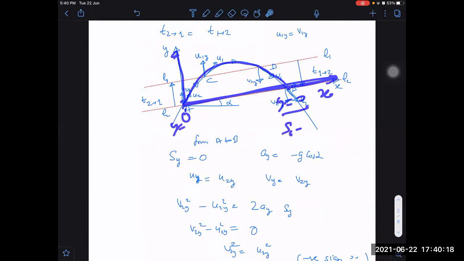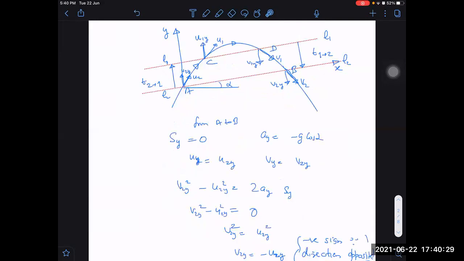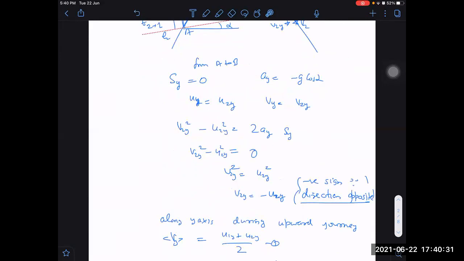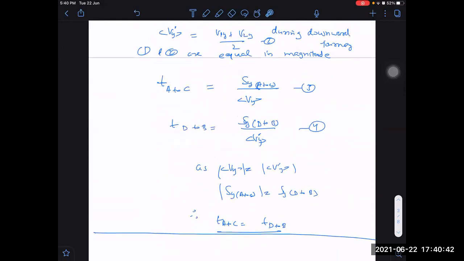So displacement along y becomes 0 as the body moves from A to B. If displacement along y is 0, then I can use the formula v square minus u square is equal to 2as, and I get that v along y will be equal to u along y. This is how we proved that the speed along the y-axis will be the same during the upward journey and the downward journey. If the speeds are the same, then the average speed becomes the same. If the average speed is the same and the distance is also the same, then the time will become the same. Okay.